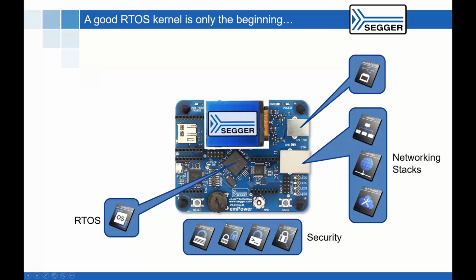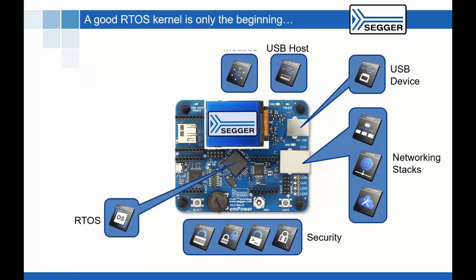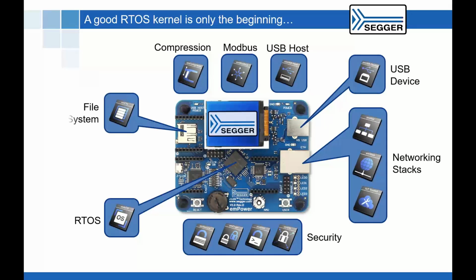our emPower OS comes in, because that's pretty much the all-in-one solution that makes use of all of the other middleware components that we have that I showed you earlier. The USB stacks, the networking stacks, compression, file system, security, and all that.